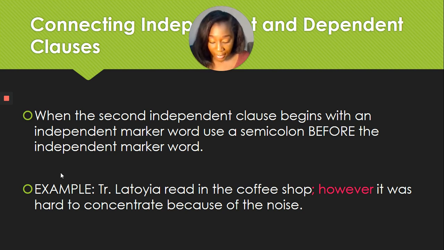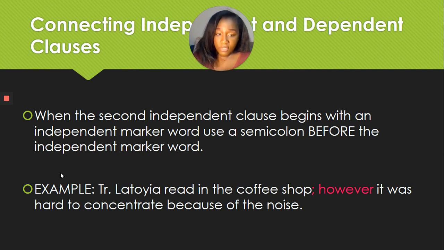If you have two independent clauses and you are trying to connect them together, meaning instead of having two standalone sentences, you want to merge them together to make one long sentence, and the second independent clause begins with one of those marker words we talked about, use a semicolon before that marker word. Here's an example.